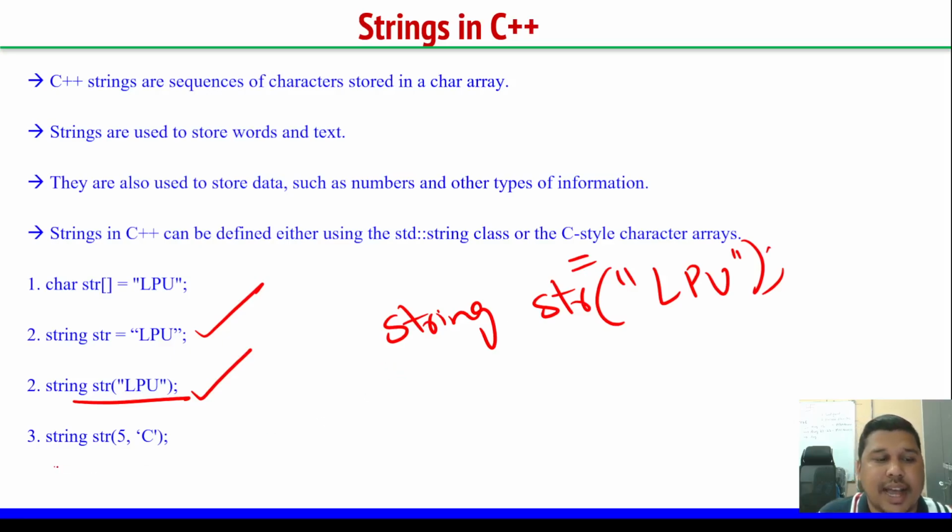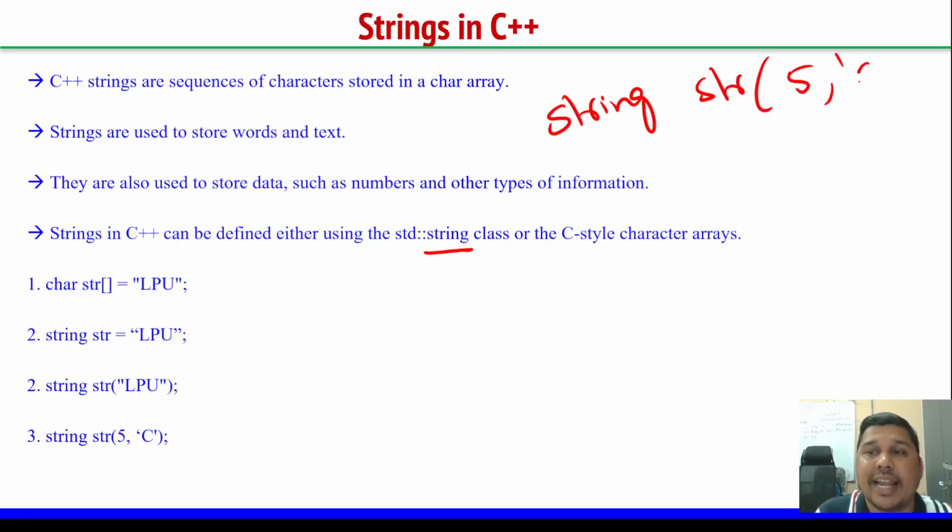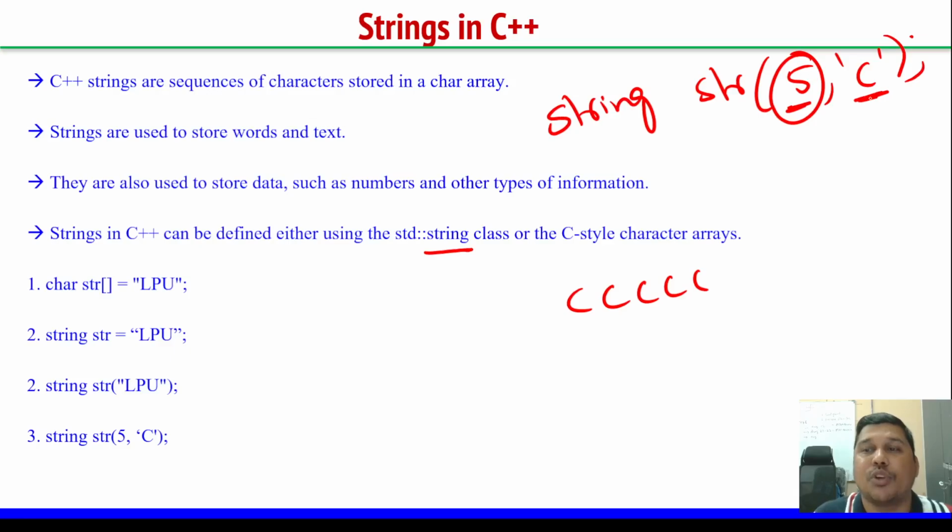Then the last one is just a variation, which shows the usage of the string class. You can give string str of a number and a character. Maybe you want to create a string with 5 C's. This number indicates how many times you have to repeat this character.